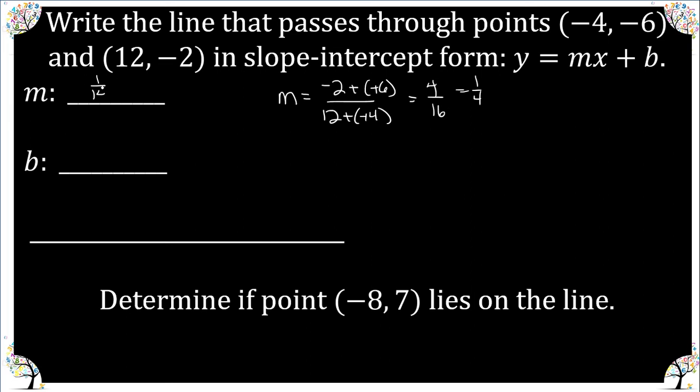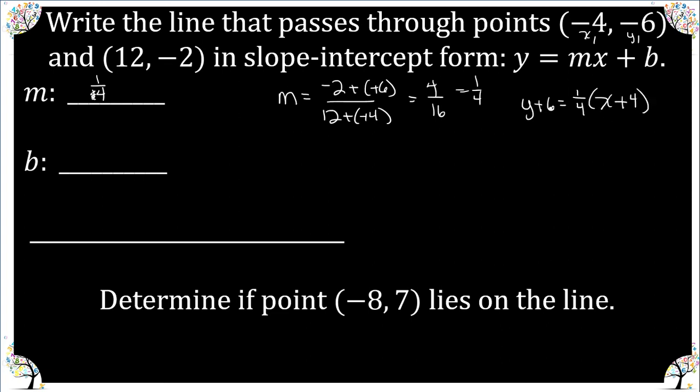Now, I taught you a new way instead of using point slope, but if you do use point slope, it's going to look like this. If I'm going to use the first ordered pair to be my point for point slope, we will have y minus y1, which is -6, equals the slope, that's supposed to be 1/4, times x minus -4.